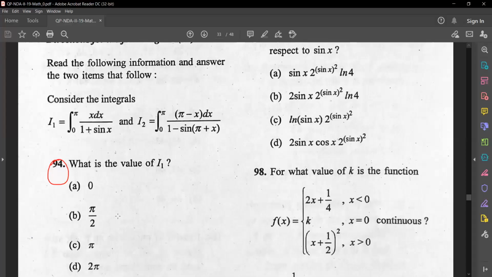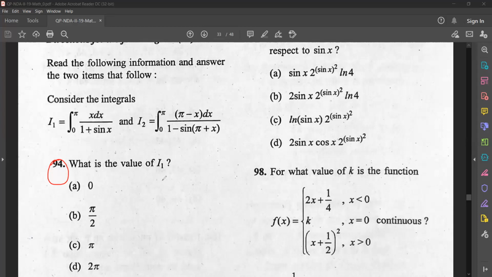So let's see how to do. Anybody got the answer? Have you got the answer as option C, pi? See, integral 0 to pi x dx by 1 plus sin x, isn't it? So this is I1, x dx by 1 plus sin x.